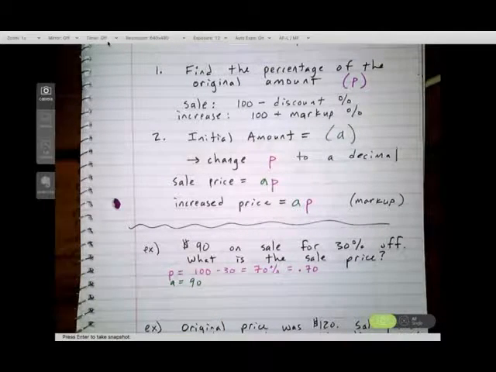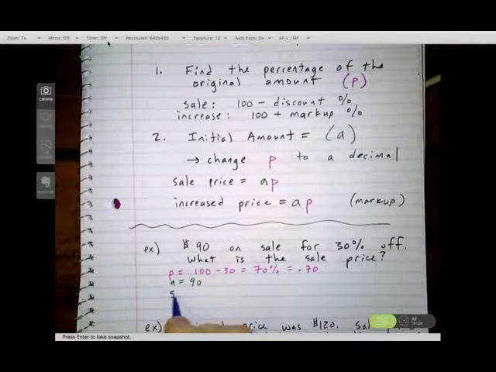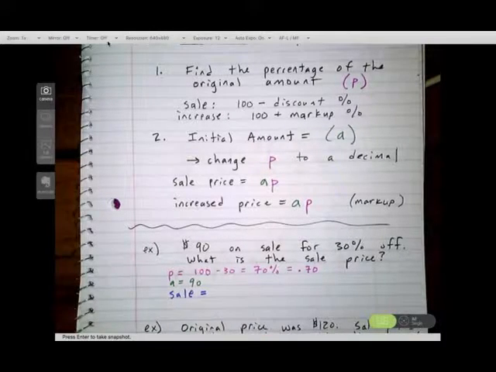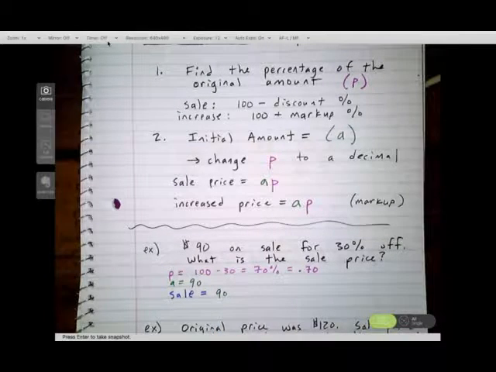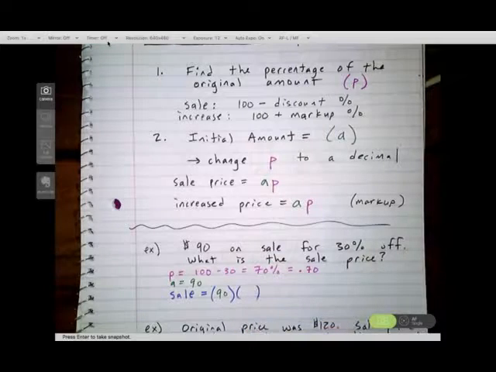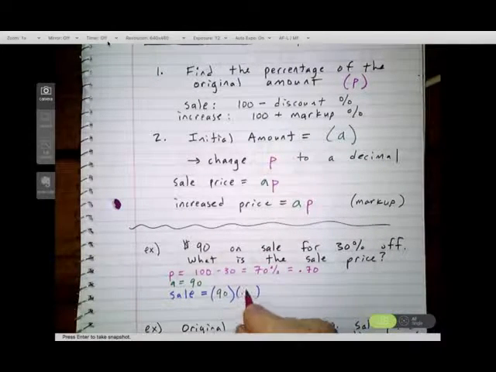So the sale price is just going to be plugging it into our little formula here. Sale price equals the A, 90, times the percent of the original price, the P, which was 70%, but we don't want to use the percent, we want to use the decimal, so 0.70.